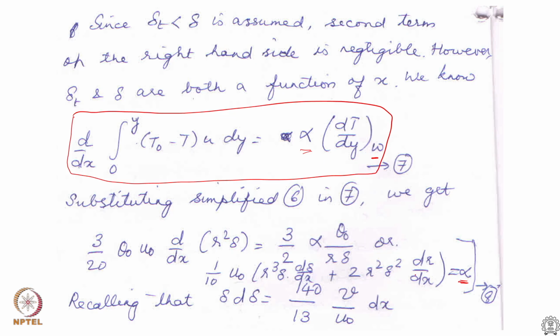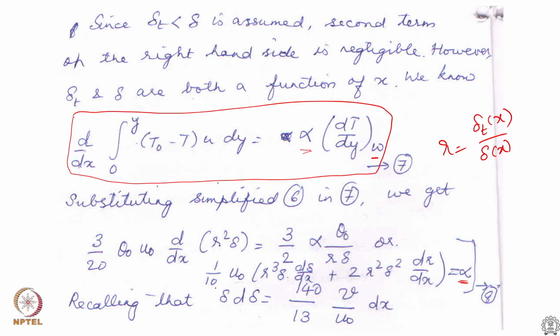This expression, because r square is also a function of x, because r is nothing but thermal boundary layer thickness, which is a function of x, divided by delta, which is a function of x. So, r square needs to be differentiated and the delta, which is also a function of x, needs to be differentiated. After you differentiate, you will end up getting this expression.